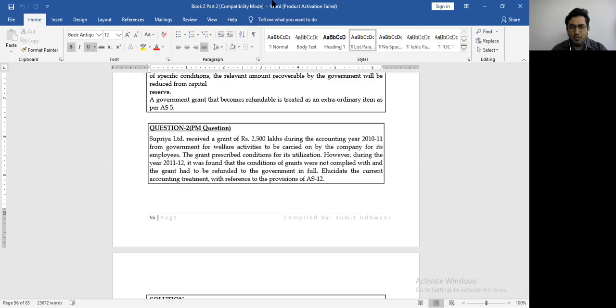Everyone on your chat box, for what expenditure have you got the government grant? For what have you received the government grant?